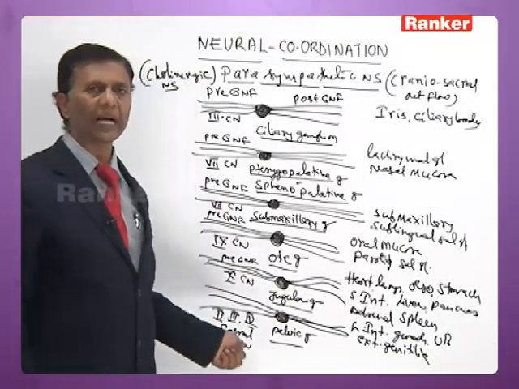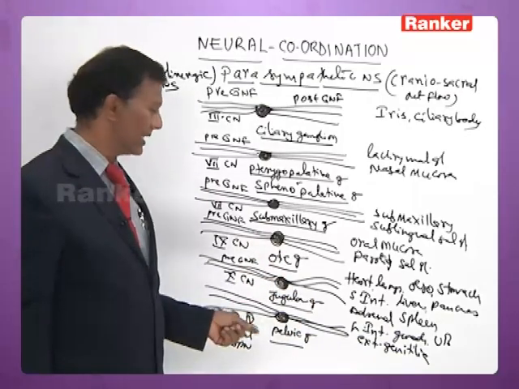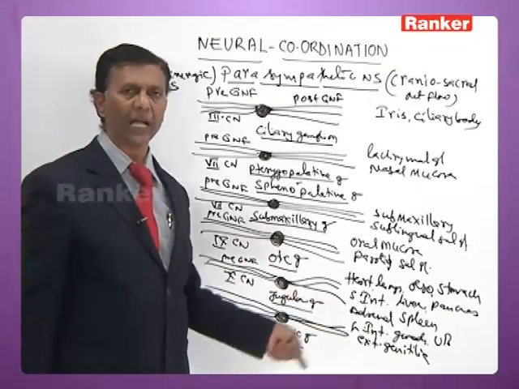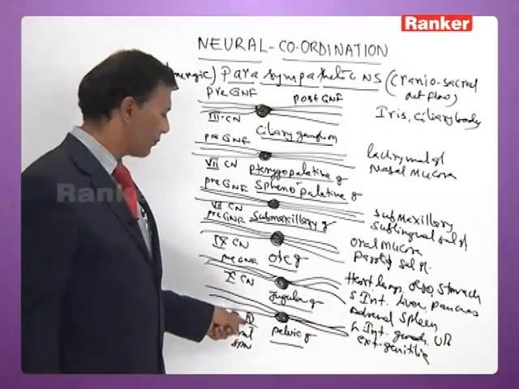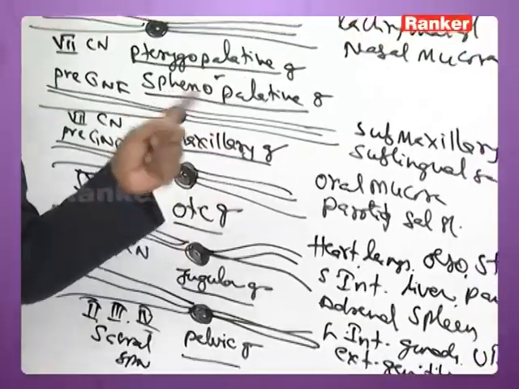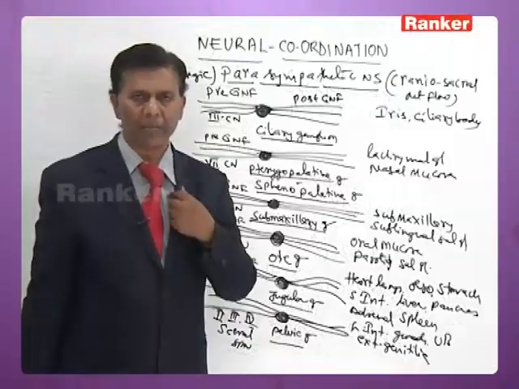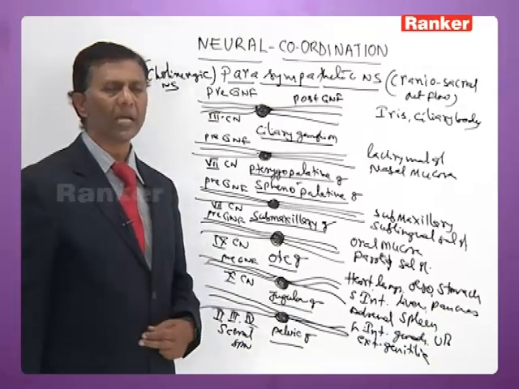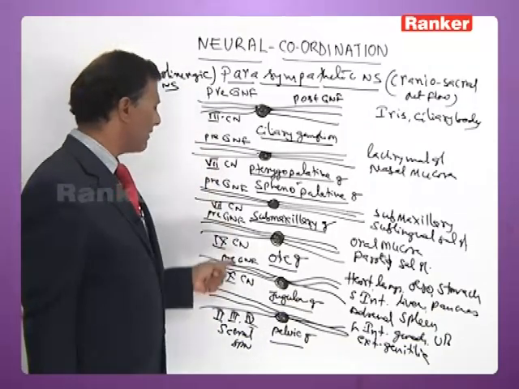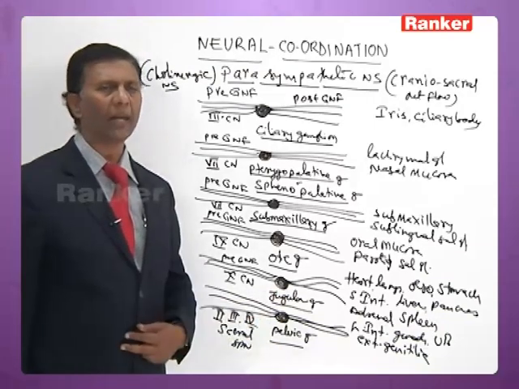It is not 3rd, 4th, 5th, it is 2nd, 3rd, 4th. So the 2nd, 3rd, 4th sacral spinal nerves and the 3, 7, 9, 10 cranial nerves are involved in the formation of the parasympathetic system.